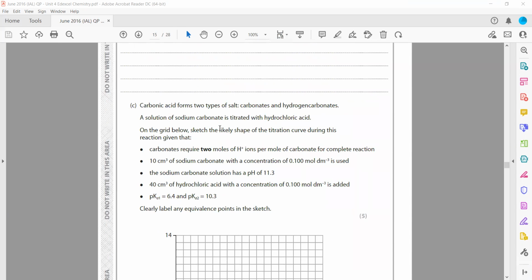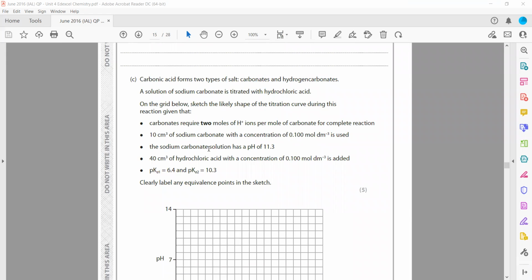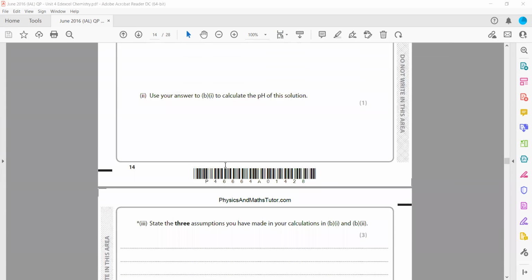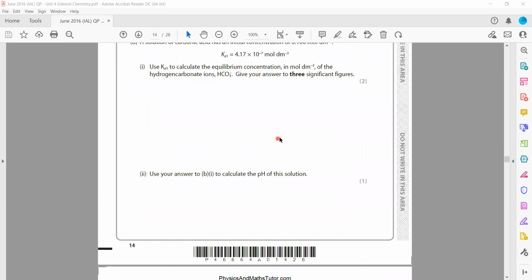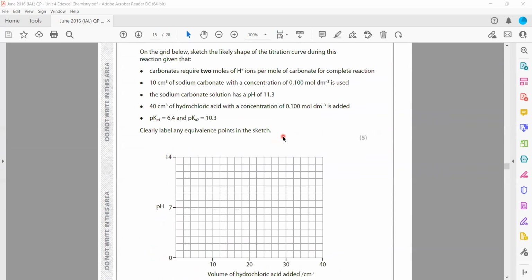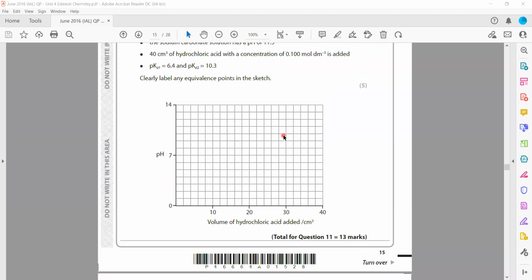Here we have a sodium carbonate solution and we are using hydrochloric acid. The hydrochloric acid might react with HCO3- or with CO3 2-. If hydrochloric acid reacts with HCO3-, the ratio is 1:1. But if it reacts with CO3 2-, the ratio is 1:2. We need twice the moles of HCl compared to the moles of carbonate.